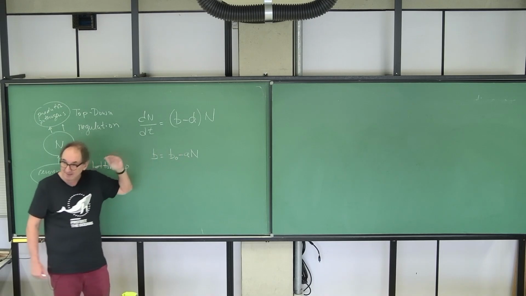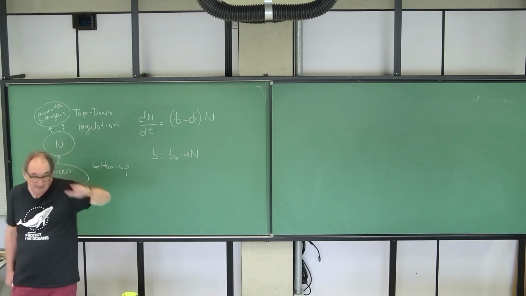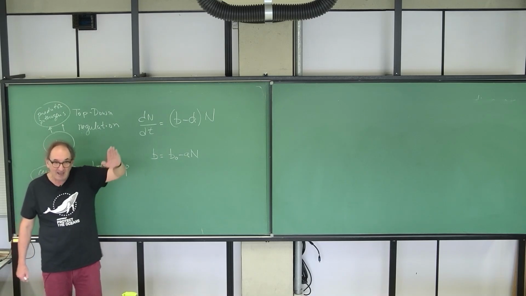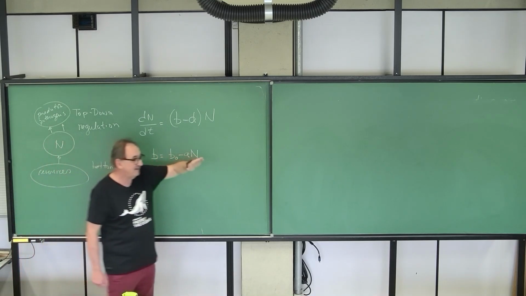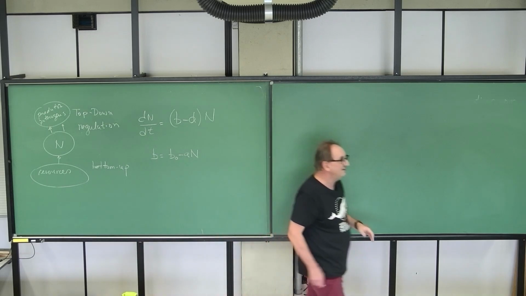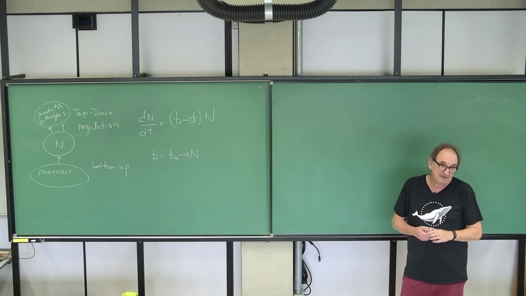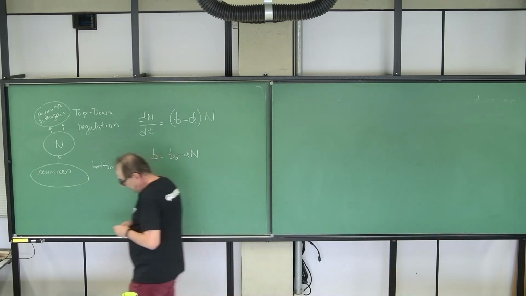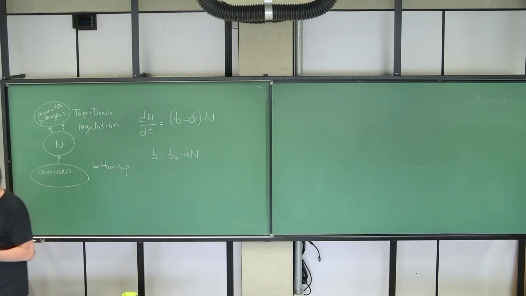So if the population increases, this has a negative effect on the total birth rate. And the higher the population is, then there is a decrease of the birth rate due to lack of nutrients. So we are doing this in a phenomenological way because I'm not saying what the nutrients even are.